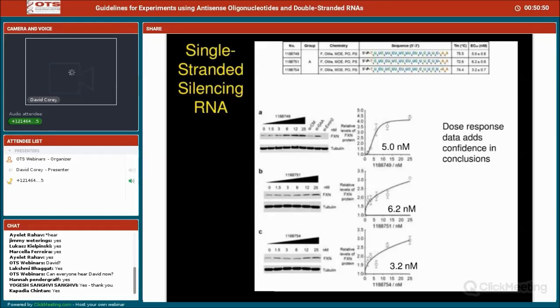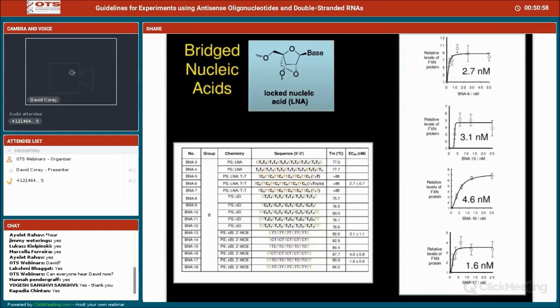A smooth dose-response profile also supports that your compound is functioning through an on-target effect. And this just shows with a different type of chemistry, a bridged nucleic acid, that we get the same thing. The point here is that by using two different chemistries, and now we're using antisense oligonucleotides, these are functioning not through an RNAi mechanism, we get upregulation of frataxin in both cases.